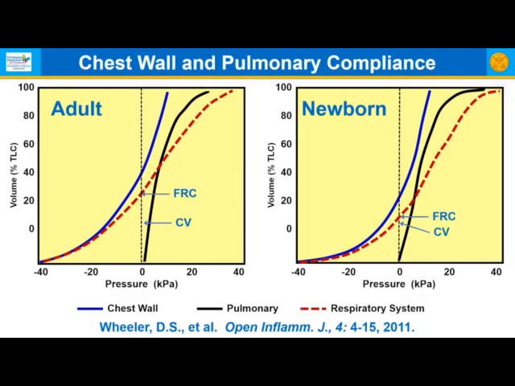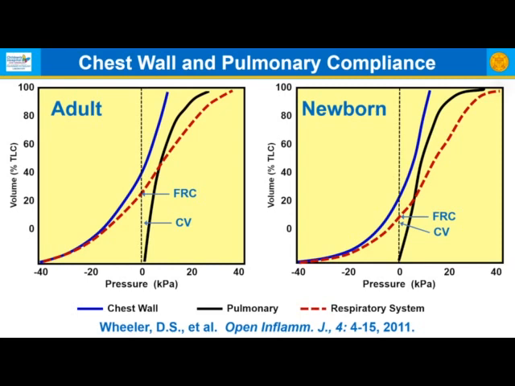And so here we have pressure volume curves of the chest wall in blue, of the lungs in black, and the total respiratory system in dotted lines here. And you can see that in an adult, the chest wall compliance is relatively stiff and it springs outward so that the FRC is actually quite a bit up here at a reasonably high percentage of total lung capacity.